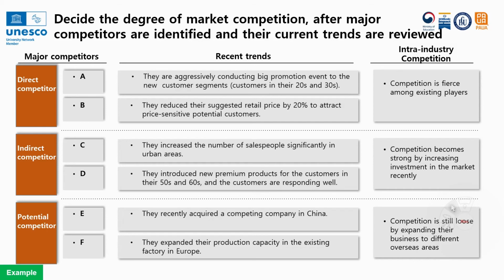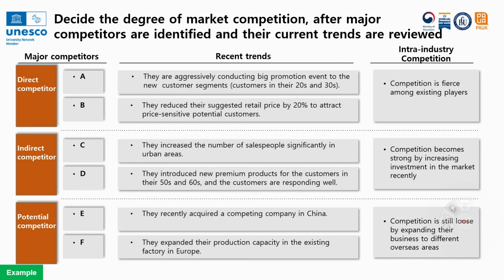So we also identify the potential competitors, company E and company F. If we look at those dynamics and trends, company E recently acquired a competing company in China, so they recently expanded their businesses in China.